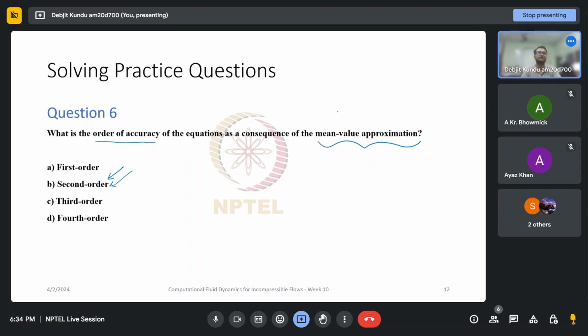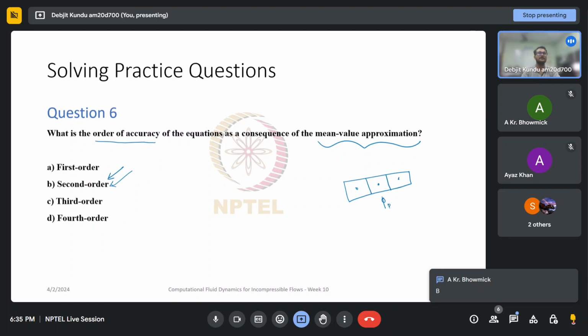So mean value approximation, what is that? Basically, if I take a 1D situation like this, I know the phi here, the phi P, and I know the phi here, the phi E, and let's say I need to find what is the phi at this boundary, phi E, for, let's say, flux calculation.